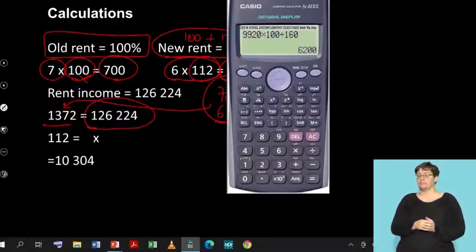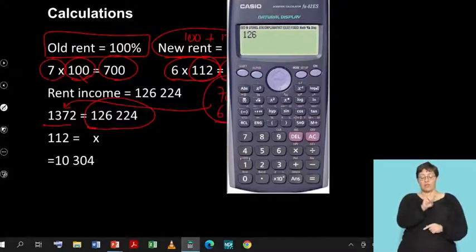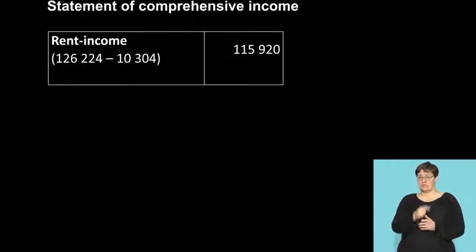We say 1372. Let's take it the other way. Let's say 126,224 times, remember, cross multiply.